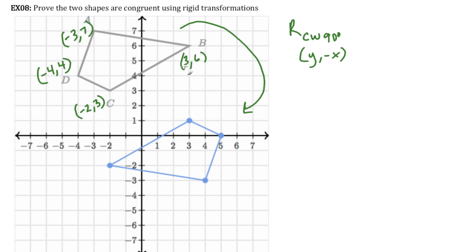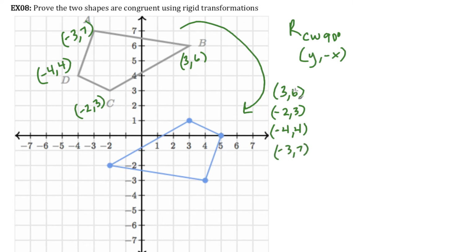So 3, 6. I guess I should write them down because I'm gonna lose track of these. 3, 6, negative 2, 3, negative 4, 4. And negative 3, 7.